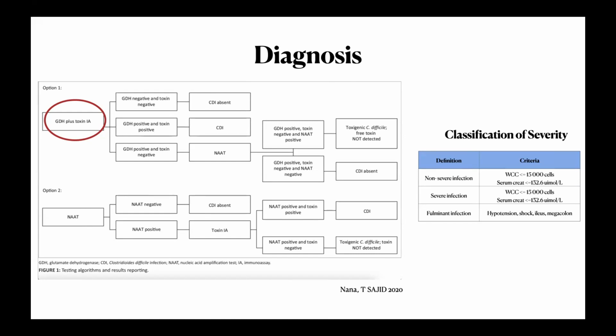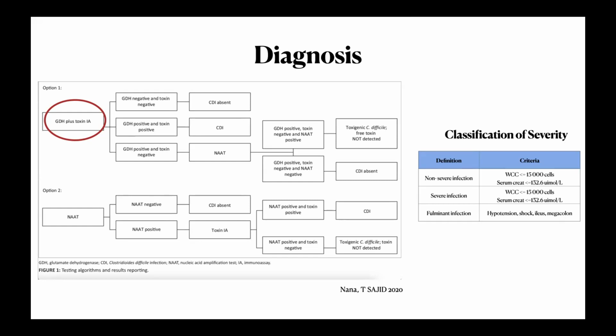And the main issue is demonstrating toxin. So what we have, and I believe what our lab does, is a two-step process using our GDH. So you would send your stool from this at-risk population. And then we will check if the GDH is positive, and we look for the toxin.